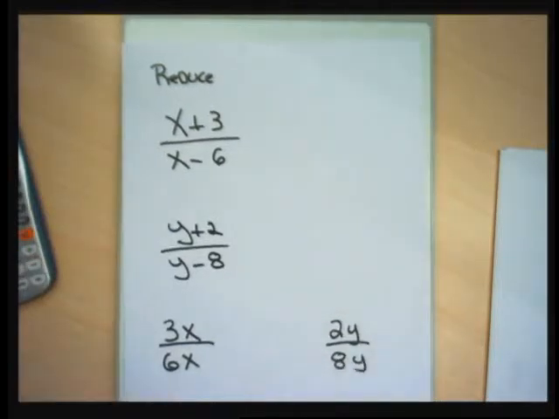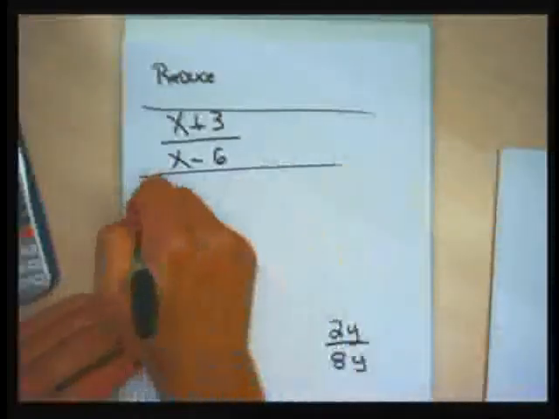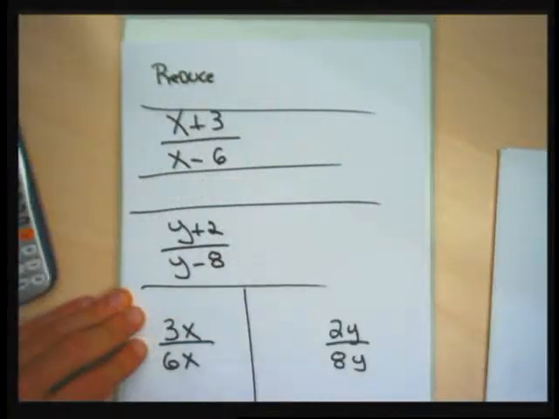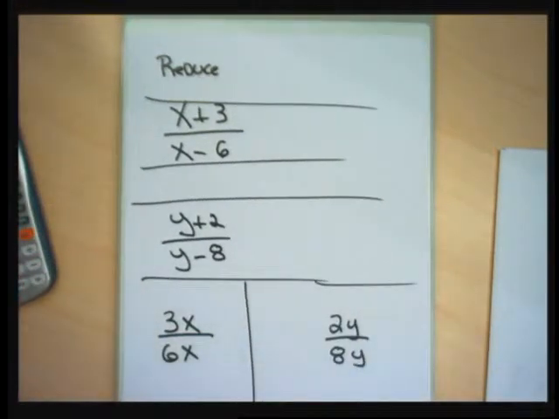If I asked you to reduce these 4 separate problems, so this is kind of 1, 2, 3, 4, if I asked you to reduce each of these 4, you should be able to know what you can and can't do.